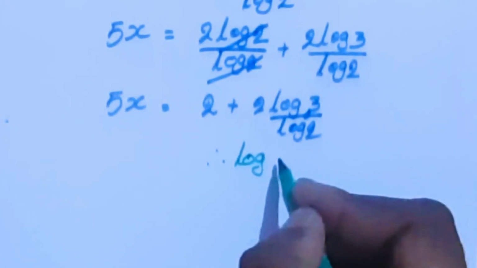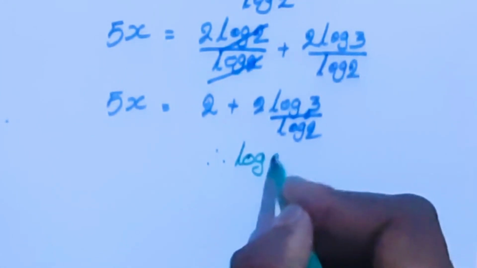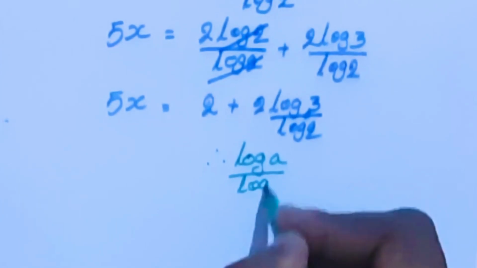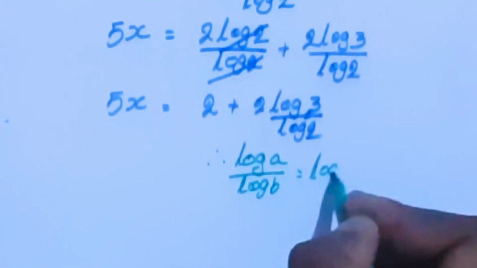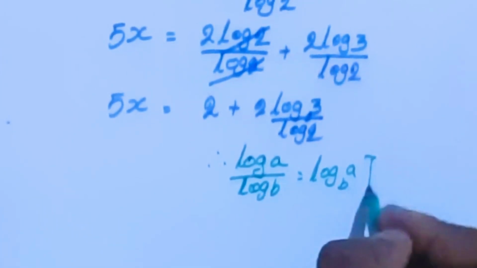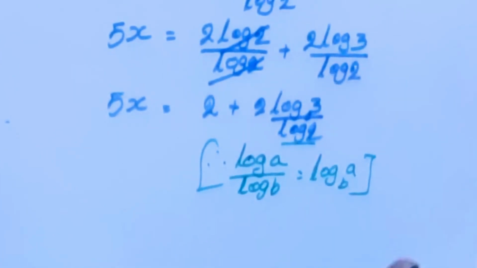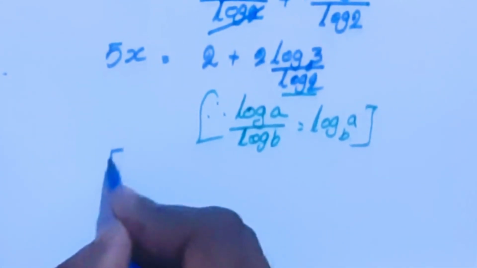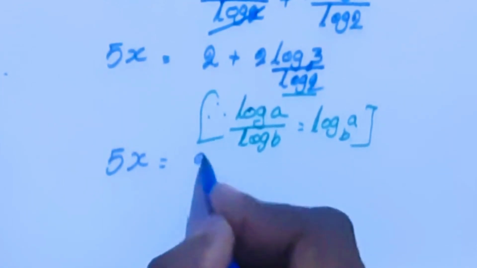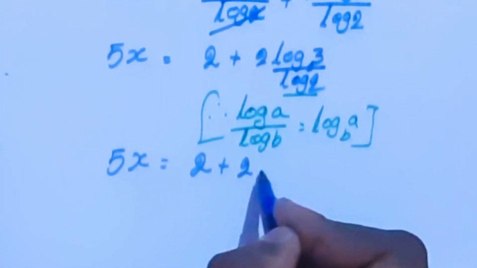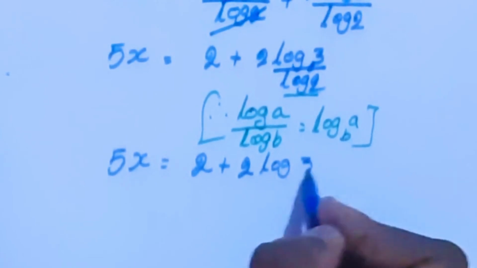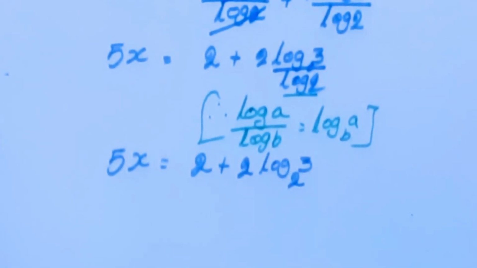Now we are going to apply this log formula, that is log a by log b equal to log a base b. This formula we are going to apply here. So 5x equal to 2 plus 2 log 3 base 2.